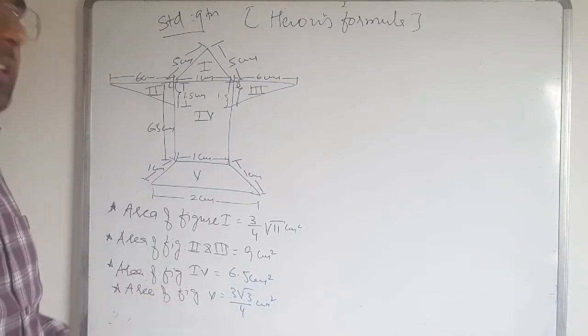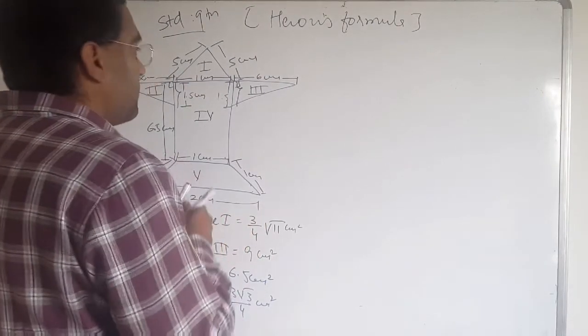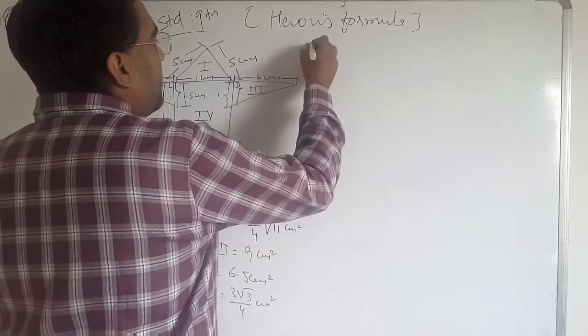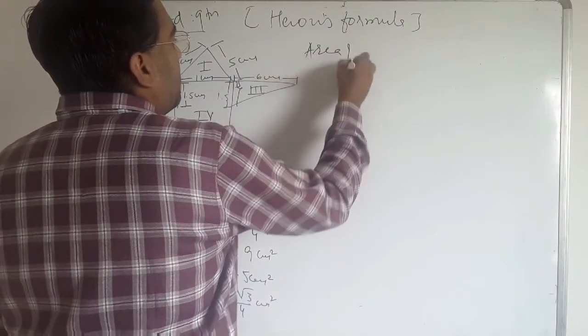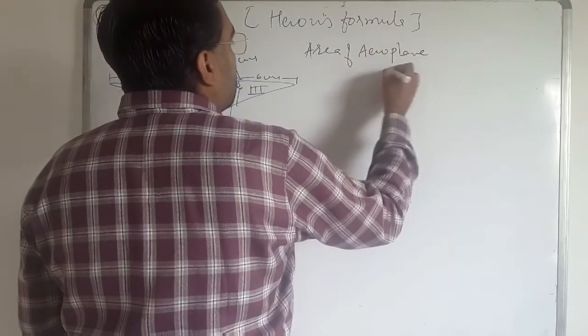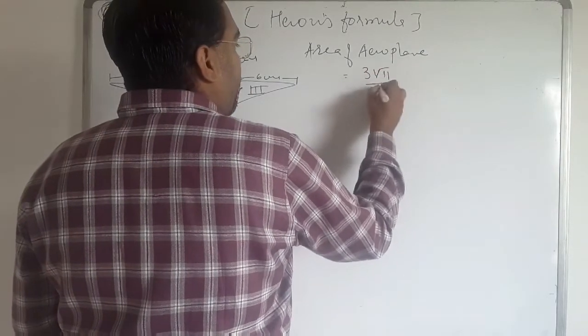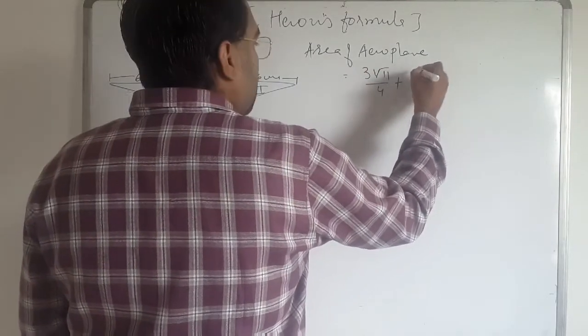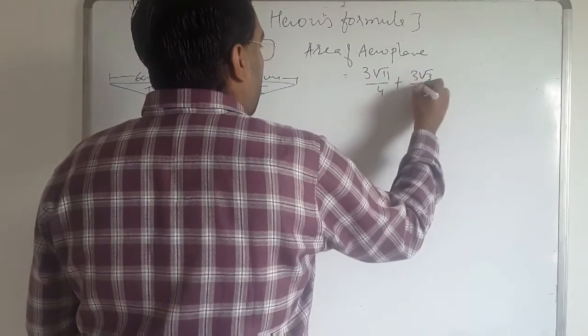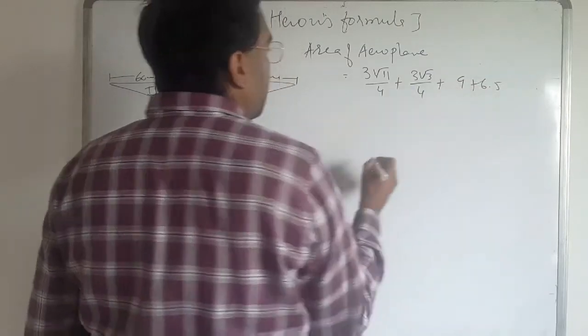Now we have to add all of these things. First, I'll write the area of the aeroplane: 3 root 11 by 4 plus 3 root 3 by 4 plus 9 plus 6.5.